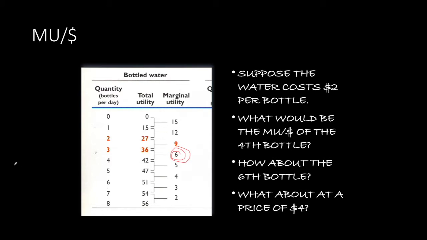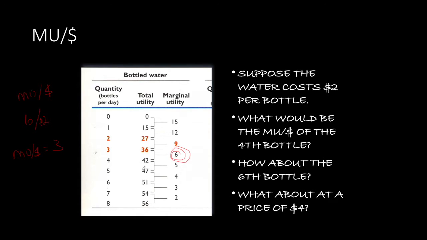To find the marginal utility per dollar, I'm going to take my marginal utility over the price, and it's going to be 6 over $2. And my marginal utility per dollar is going to equal 3.